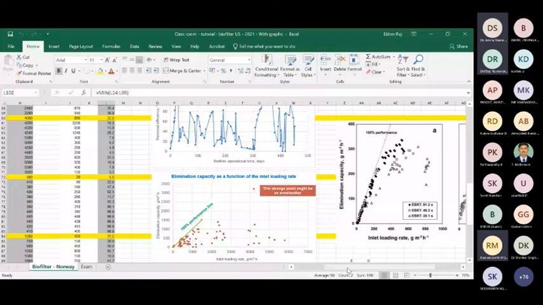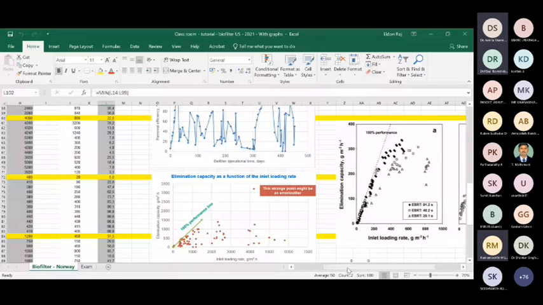Okay, sir. So I will explain the results here, which is much better. You have to estimate the inlet loading rate and the elimination capacity, which is the most important for any bioreactor configuration meant for waste gas treatment.